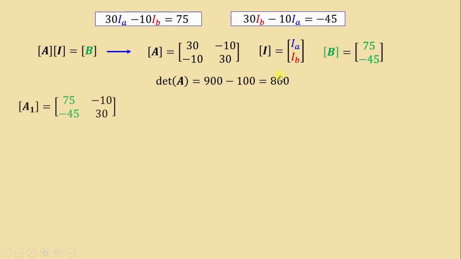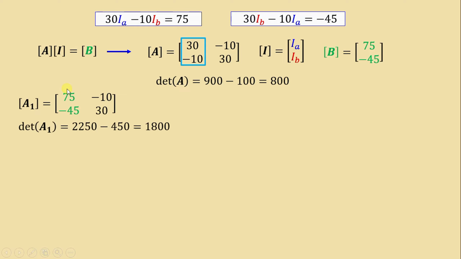Now we are going to define matrix A1. We obtain A1 by replacing the first column of A by vector B. Then we have A1: 75, negative 10, negative 45 and 30. The determinant of A1 is given by 75 multiplied by 30 minus negative 45 multiplied by negative 10.